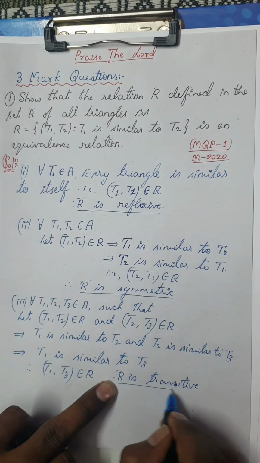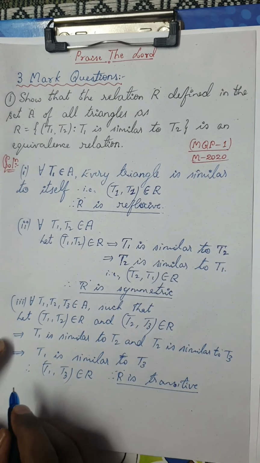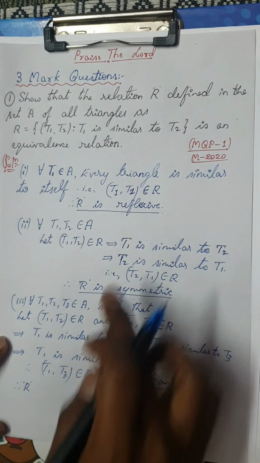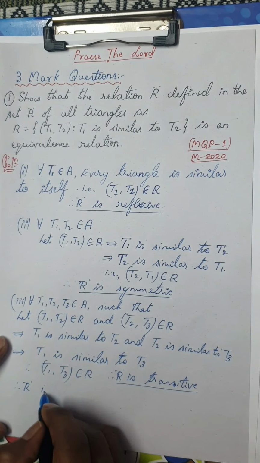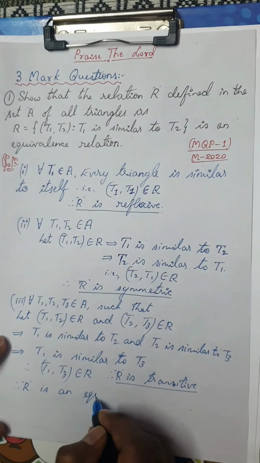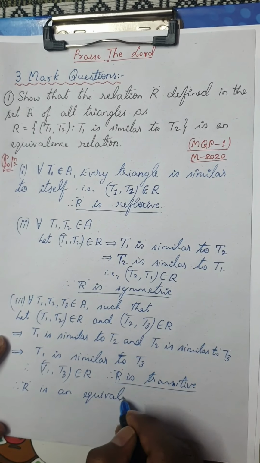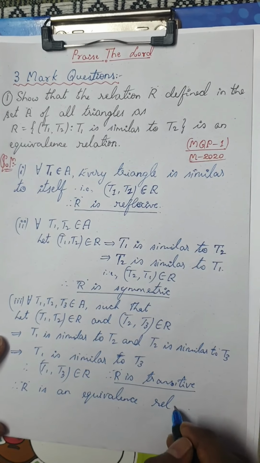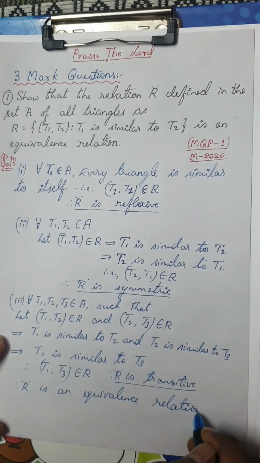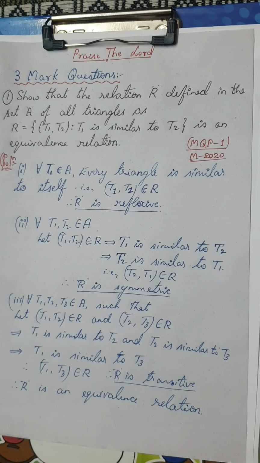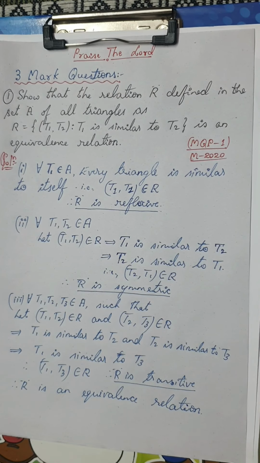Almost your proof is done. Since all three are satisfied, you can write R is an equivalence relation. Is it clear? This is the proof, which will give you 3 marks.